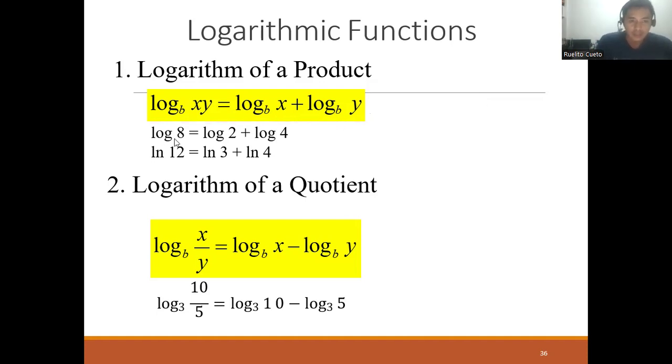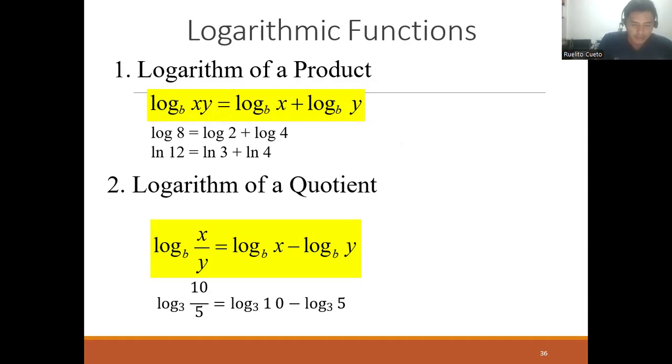Now, log of 8 is equal to log of 2 plus log of 4, since 2 and 4 are the factors of 8. Another example, ln 12 is equal to ln 3 plus ln 4.